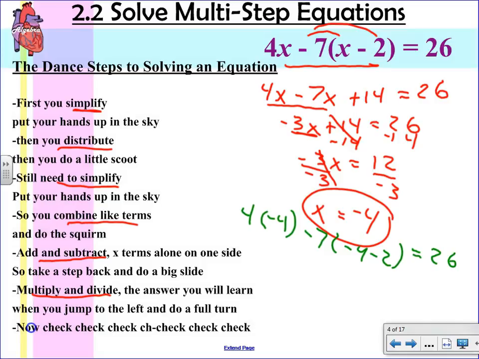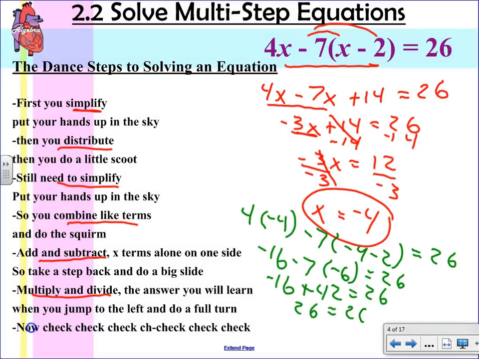And if we simplify, so we've got negative 16 minus 7 times negative 6 equals 26. Negative 16 plus 42 equals 26. And when I combine negative 16 and 42, I get 26 equals 26, which is a true statement, so I know I solved the equation correctly.